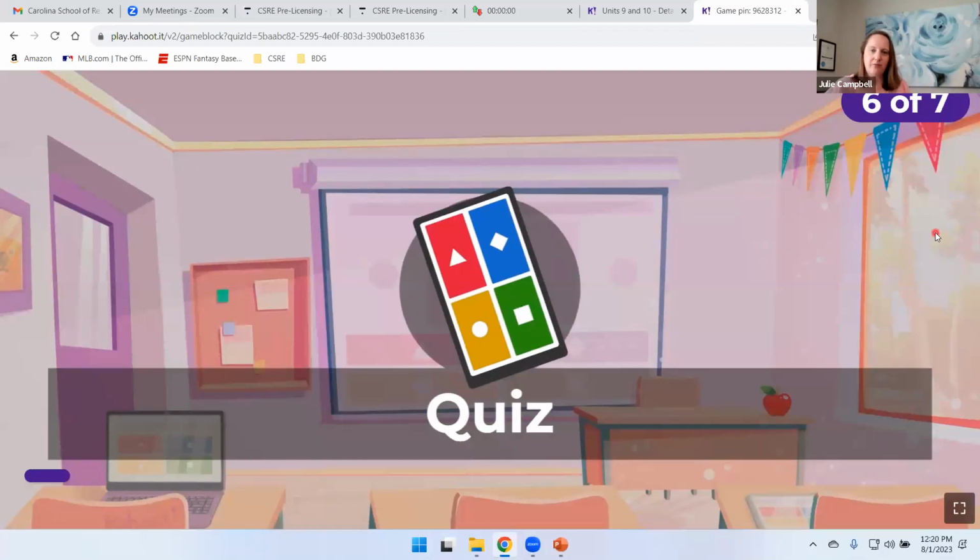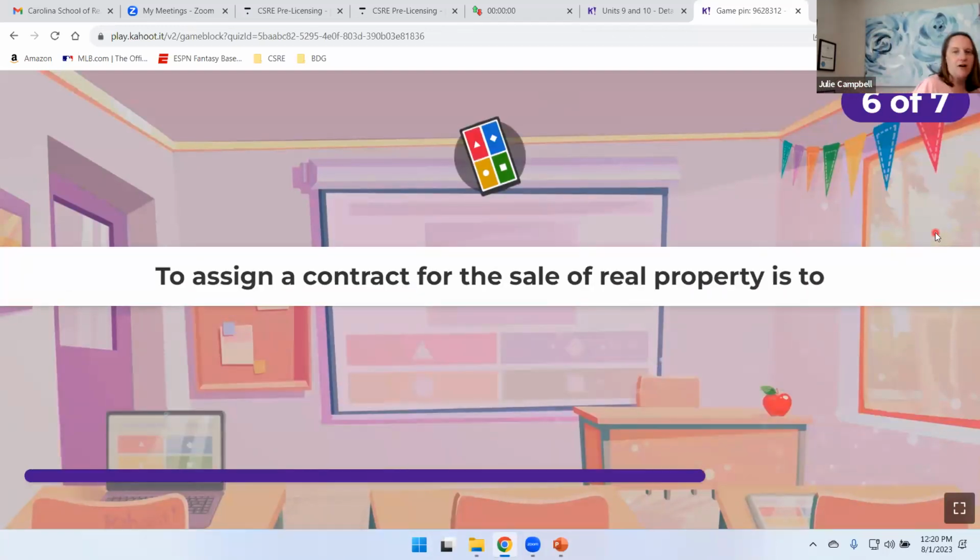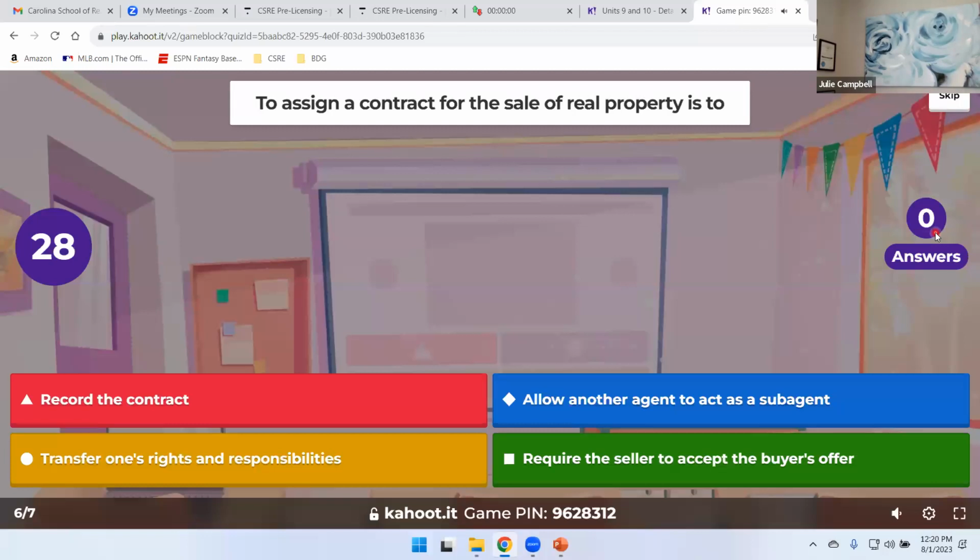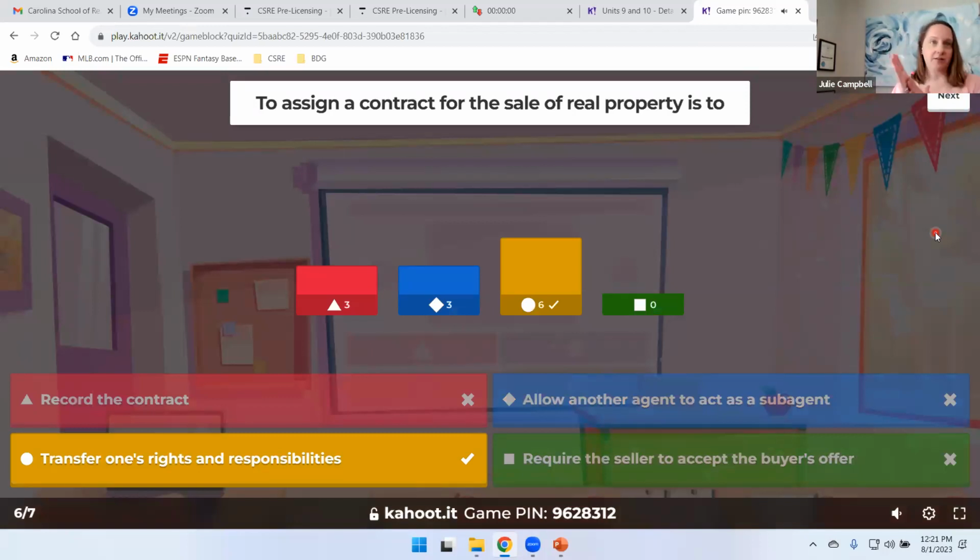And I think, number 6, to assign a contract for the sale of real property is to... If you're assigning it, you're transferring your rights and responsibility.